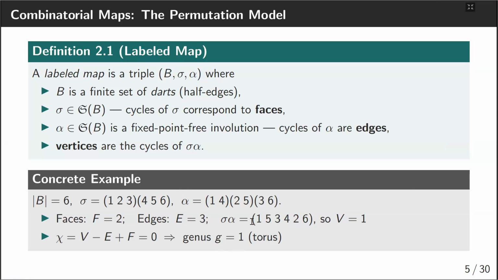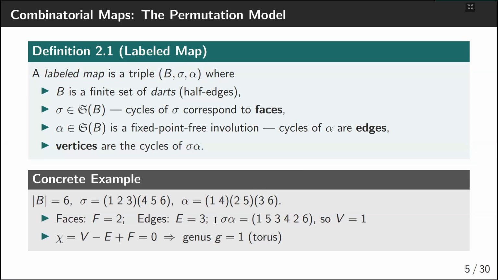Here B has size 6, and sigma is 1, 2, 3, 4, 5, 6, and alpha is 1, 4, 2, 5, 3, 6.